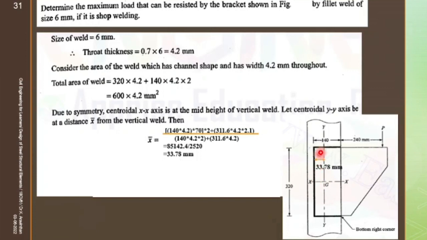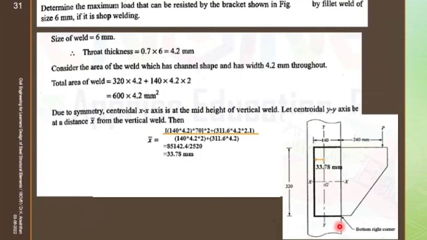If you have a built up section, your moment of inertia is BD cube divided by 12 plus area into distance square. That is Ixx plus area into distance square. So take it as a note. How to find moment of inertia for a composite section? Moment of inertia for a composite section equals I plus area into distance square.